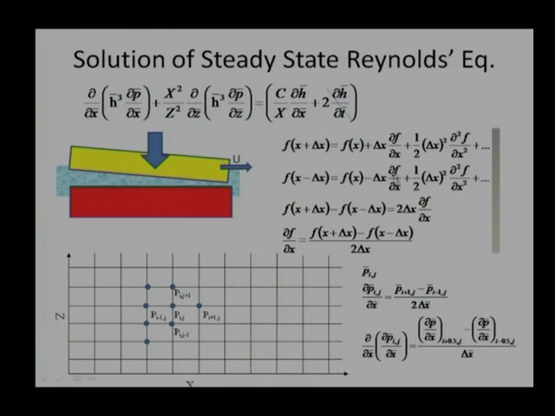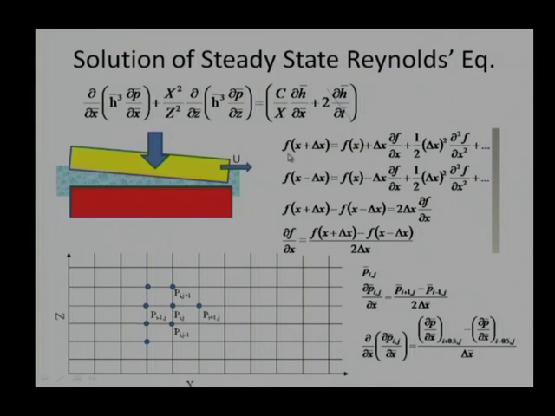The second derivative gives the second order term. If we assume delta x is very small, then higher terms can be neglected.